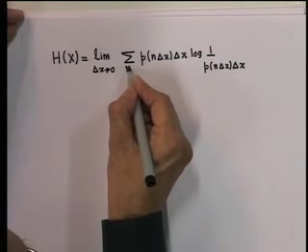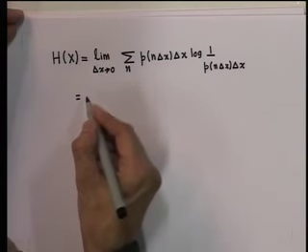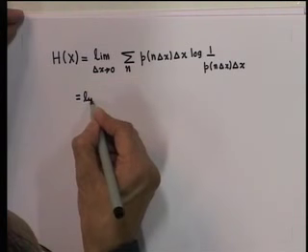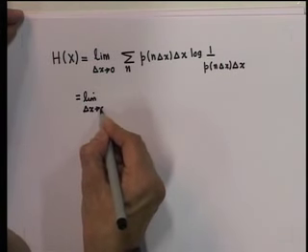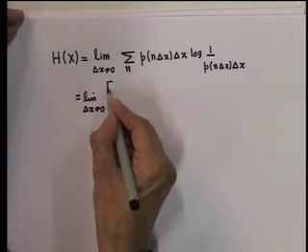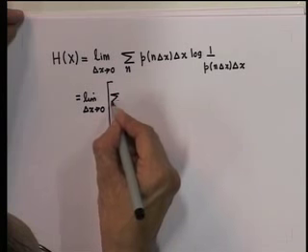This is a summation over n, and this can be simplified as the limit of delta x tending to 0. We can break up this summation in two parts as follows.